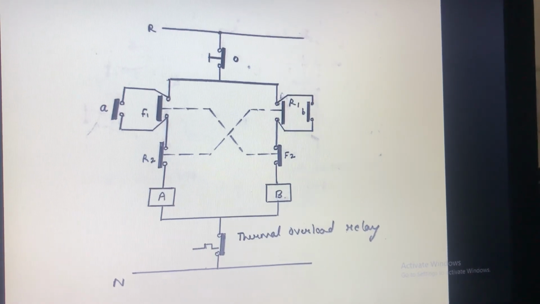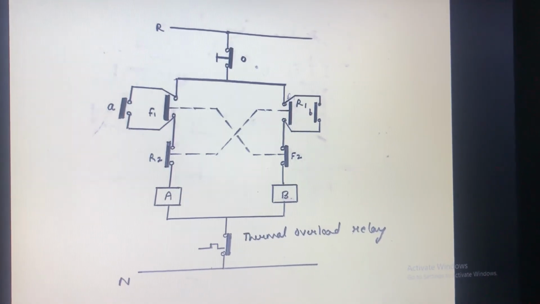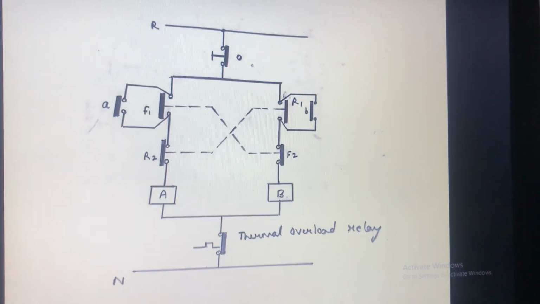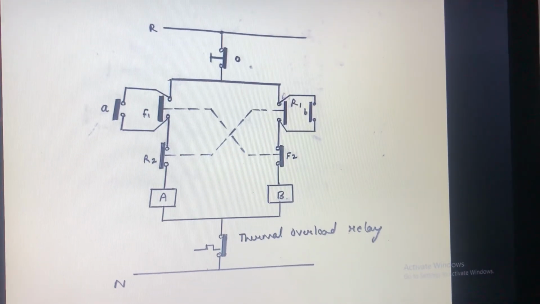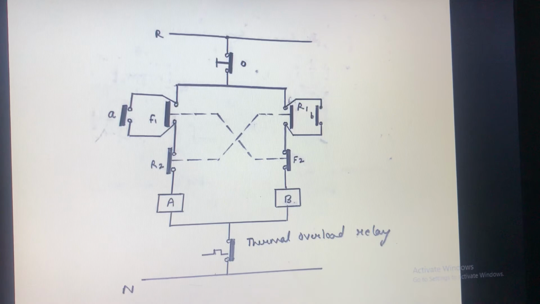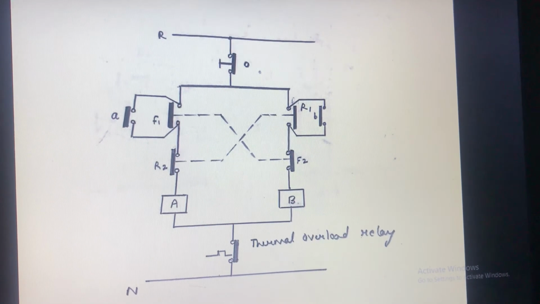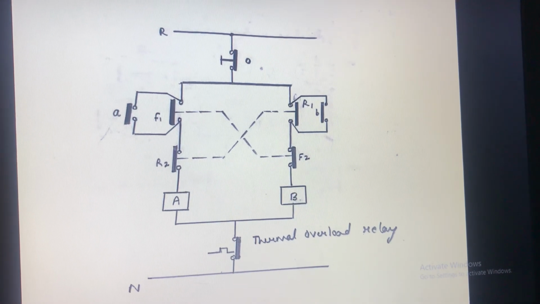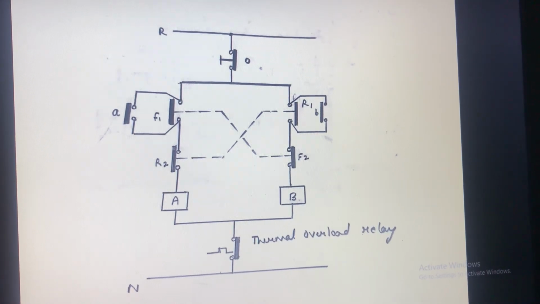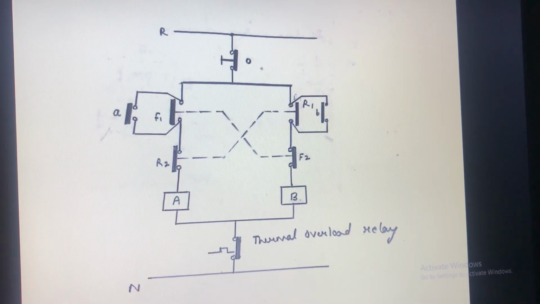Now this contactor B is getting supply from O, small b, F2 and B. And you can see that we have connected a thermal overload relay between the contacts of A and B and the neutral. So this is all about how we can reverse the direction of a three-phase induction motor.